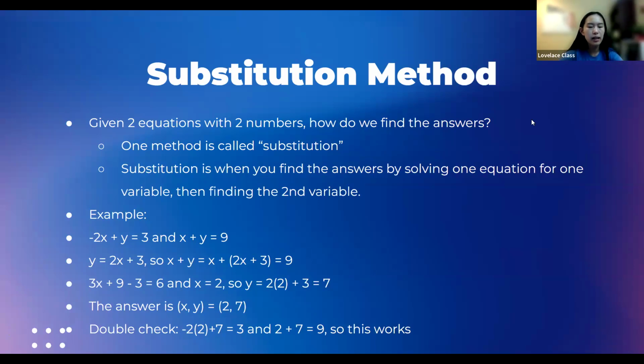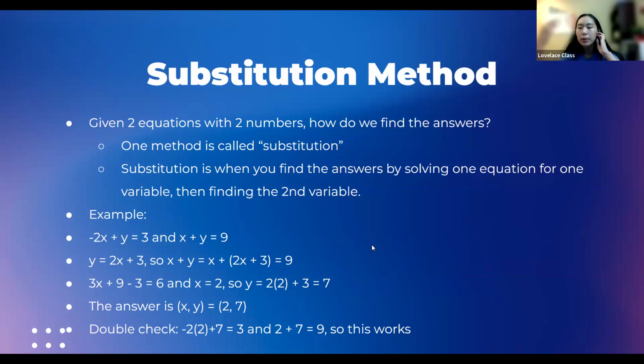An example is this: you have these two equations, right? -2x plus y equals 3 and x plus y equals 9. For the first equation, we get y equals 2x plus 3 if we move the 2x around, right?